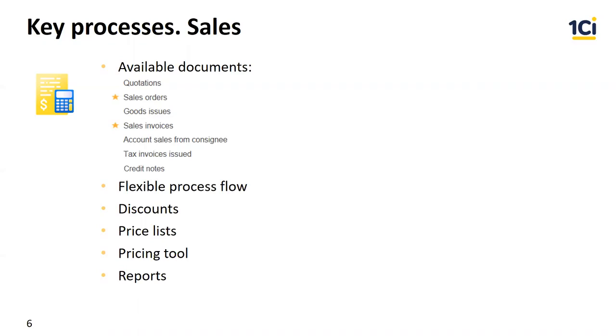So it supports many-to-many document connections, and you can choose whatever documents you need. It is not necessary to use all of them. You just choose what your business requires and process them in the order that is suitable for your business activity.